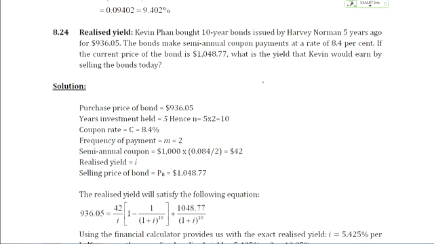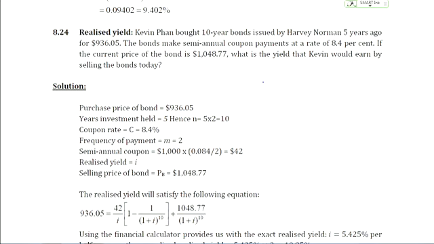The only difference is the investor is not going to hold the bond to maturity. The investor is going to sell the bond at a point in time. If the investor keeps the bond to maturity, the discount rate is the YTM. If the investor is selling the bond prior to maturity, the discount rate is the realized yield.